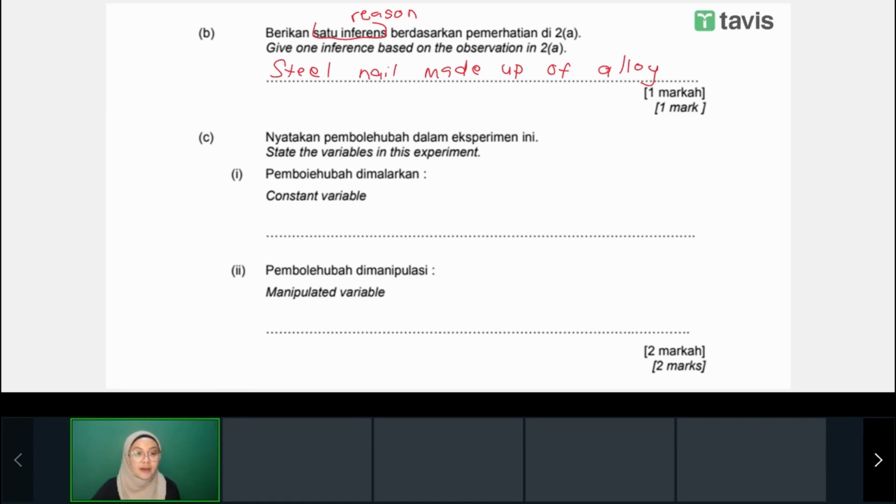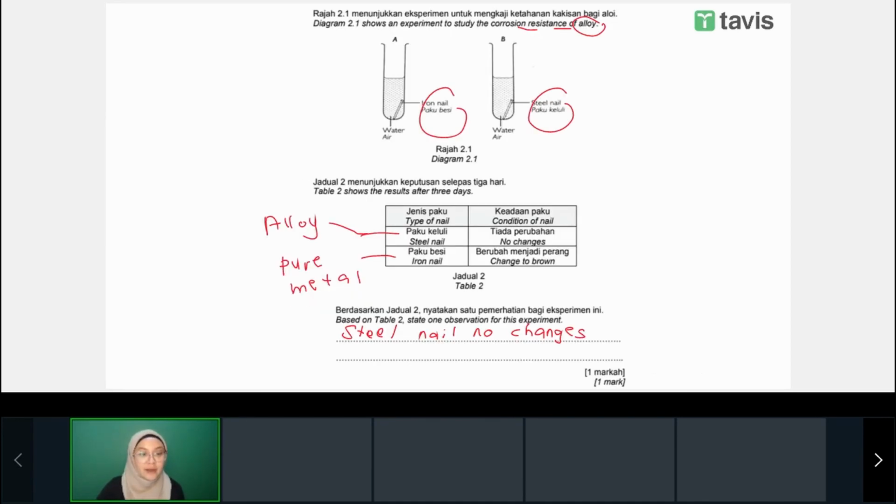So state the variables in this experiment. They do ask about the constant variables and the manipulated variables. Where is the manipulated variable? The one on the left side is the manipulated variable and the one on the right side is the responding variable. We know that the manipulated variable is the types of the nail. How about the constant variable, the fixed variable? For the fixed variable, you can only use the same type of solution.